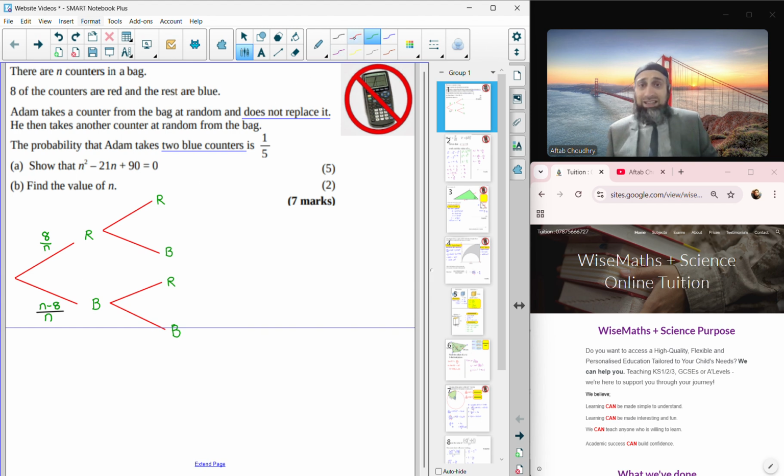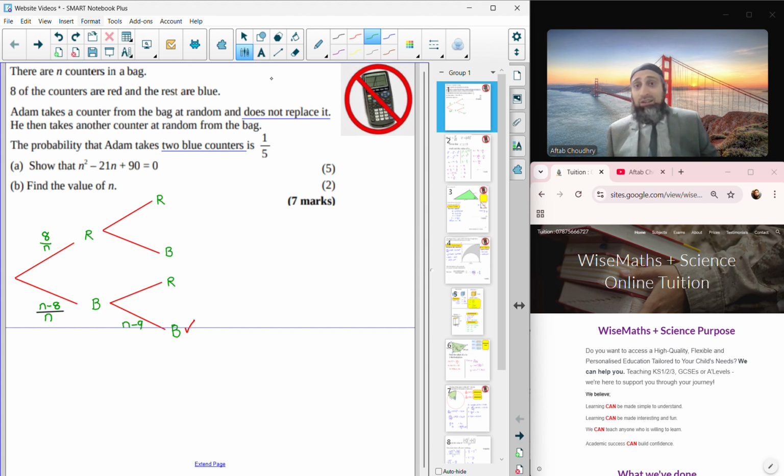Now we're really interested in this branch over here, which is 2 blue counters, blue and blue. If we choose this and it's not replaced, it needs to be one less in terms of the numerator. If the first one's blue and the second one's blue, you should end up with one less on the numerator, so n minus 8 take away 1, which is n minus 9.